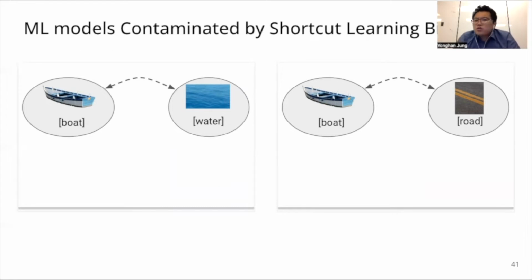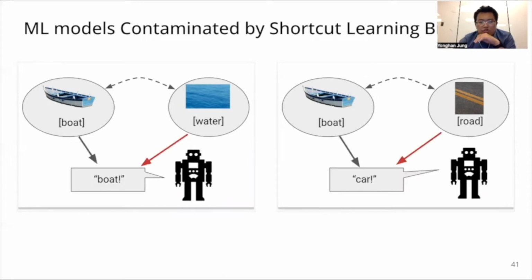And what about the machine learning models that are contaminated by shortcut learning bias? As we described in the previous pages, machine learning models contaminated by the shortcut use the unintended features. Here, the unintended features are the water and the road.